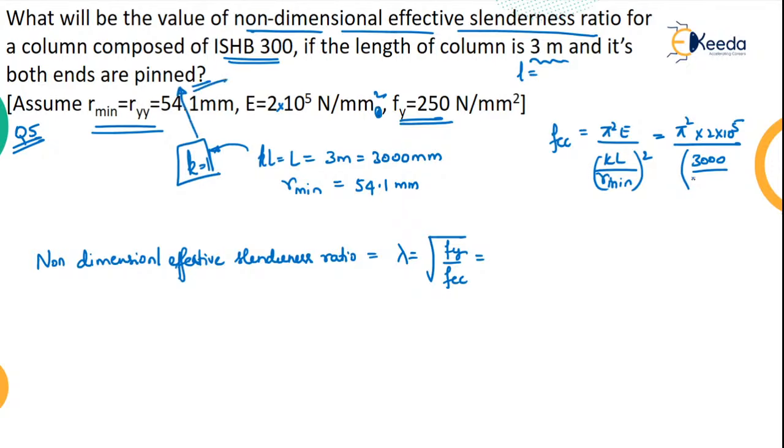Like that also you can remember. Okay. Then R minimum is 54.1 whole square. So your FCC will be equal to 641.92 Newton per mm square.